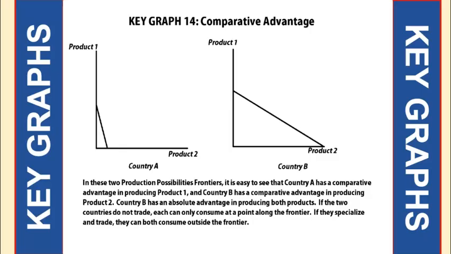Now, it's not always quite that simple. It may look a little trickier in other models, but the idea is that you can eyeball it looking at the slope. If you can't, then you need to go back to chapter 2 and look at comparative advantage, the IOU and the OOU method. Input other under, output other over, and then calculate the country with the lower opportunity cost has a comparative advantage.